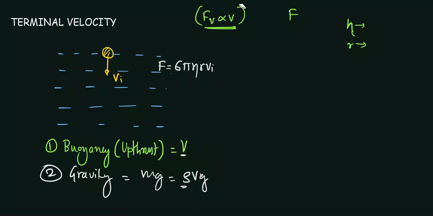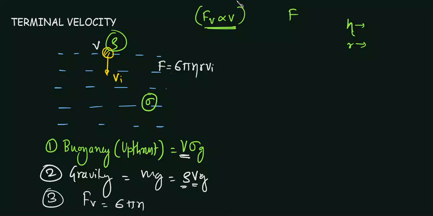The volume is the same for both calculations, but the densities are different. And the third force we are talking about here is the viscous force. This will be 6 pi eta Rv.